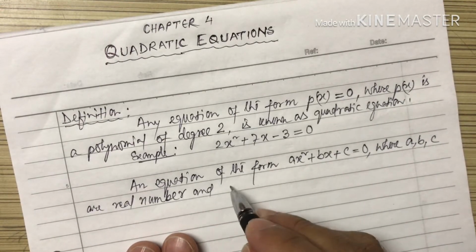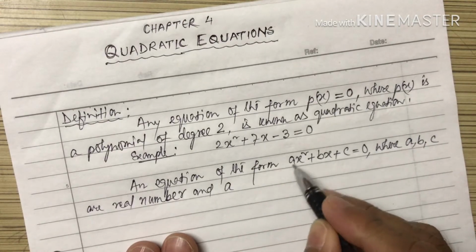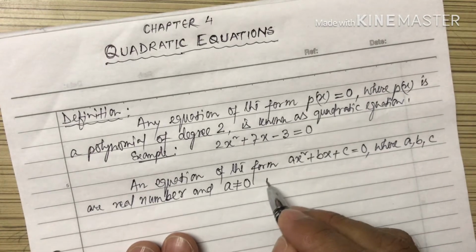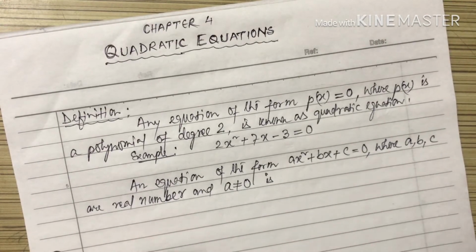And most importantly, a, the first coefficient, should not be 0.